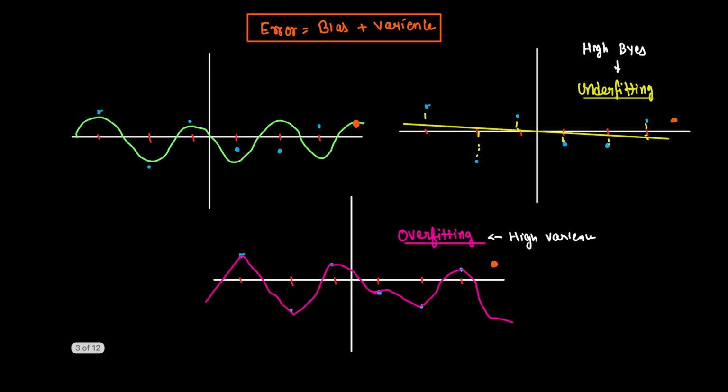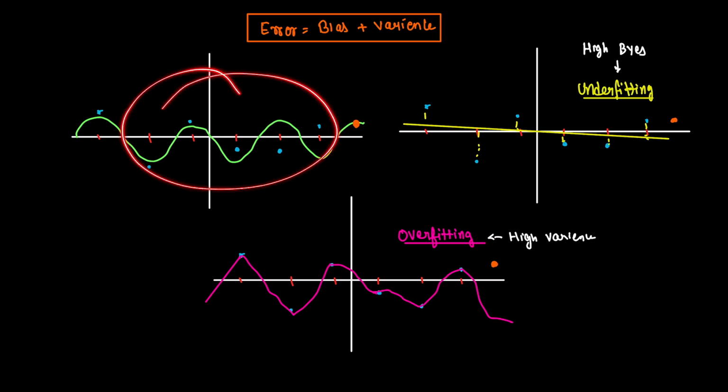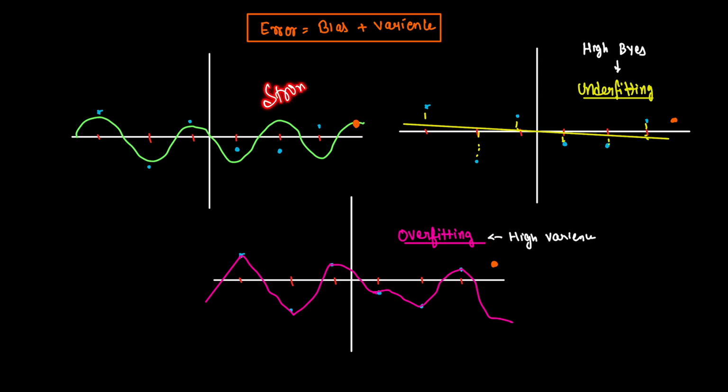Let's visualize this. This is our normal expectation from a strong algorithm. Now, how does underfitting look?